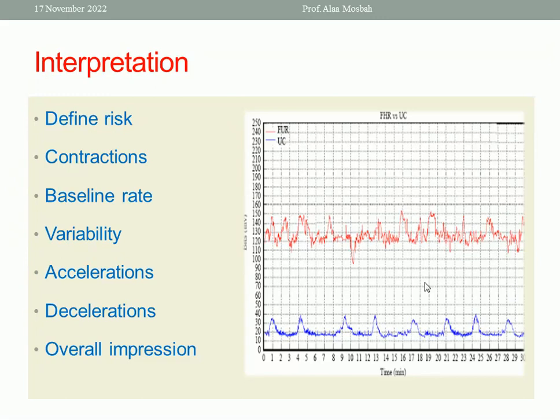What about the variable deceleration? Variable deceleration can occur physiologically during labor due to cord compression, but could be pathological. It may happen at any time, not related to contraction. It may be repeated all over the CTG evaluation. The variable deceleration of concerning characteristics is a risky, dangerous one.